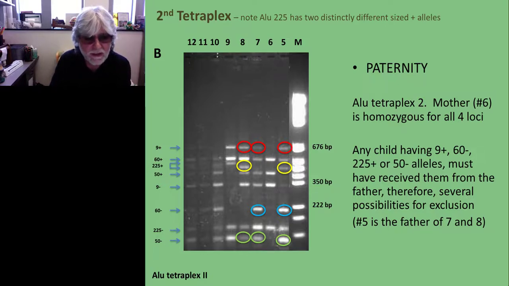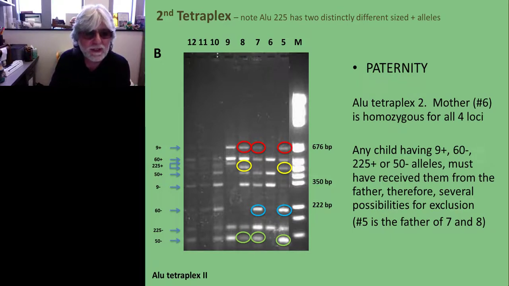In this case, number 6 is homozygous for the 4 different loci. And the idea is to make sure that all the bands in the children can be accounted for by the mother or the father. If they can't, then you can exclude the father.